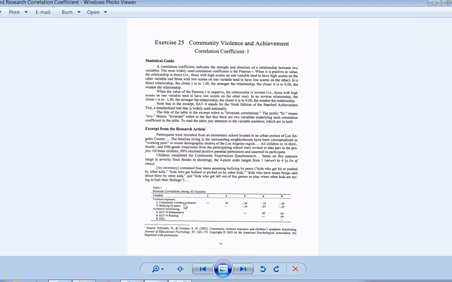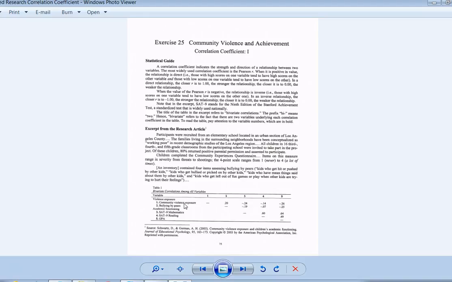So your community violence exposure with number 4, which is your reading, is negative 0.14. And notice the negatives as opposed to the positives. And then the last one, number 5, is community violence exposure in its relation to the GPA. And there it's a negative 0.26.